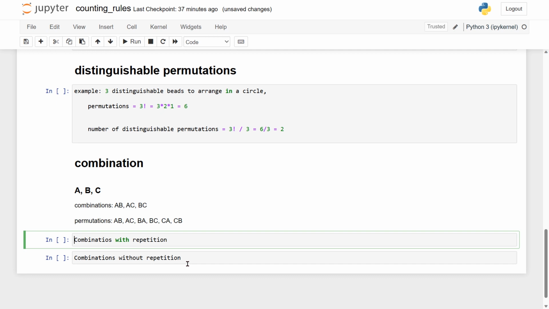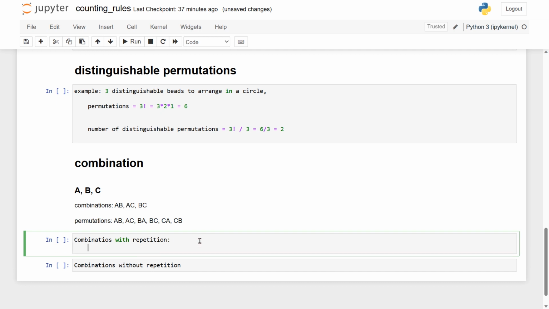So, combinations with repetition. In this case, we have n objects and we want to choose r objects from the set, allowing the repetition of the objects.